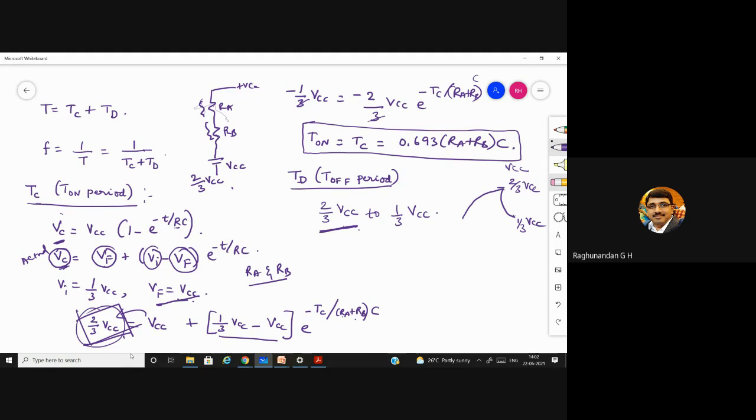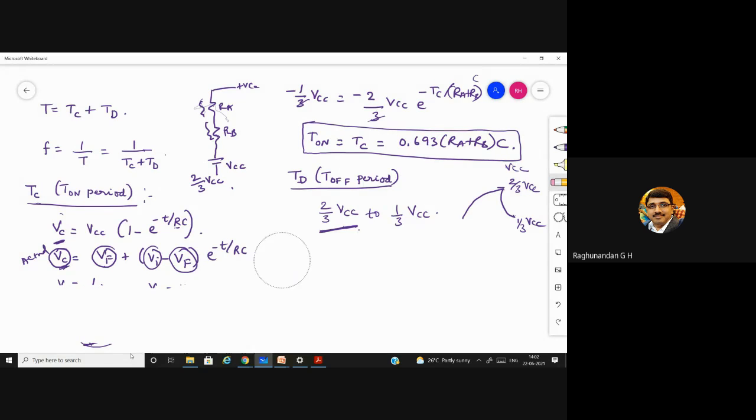So keeping this in mind, now if I substitute the same equation we are going to take here. VC is 1 by 3 VCC. This is what actually it is going to attain.